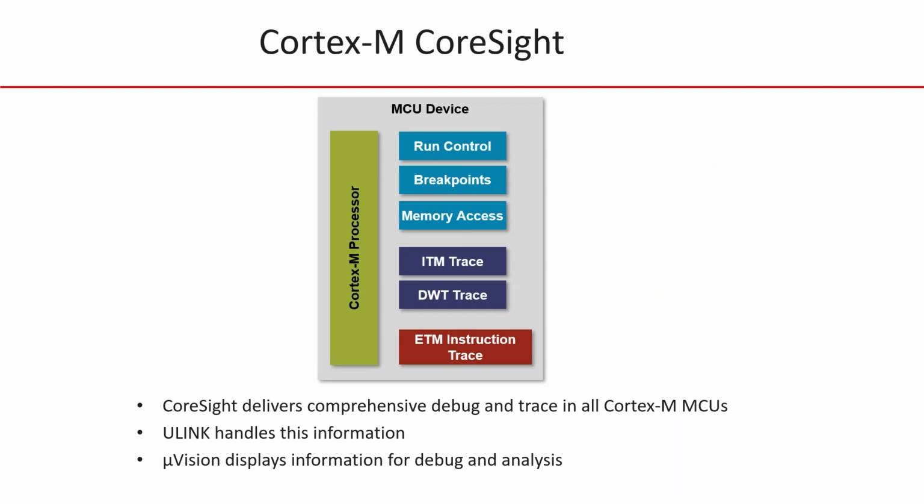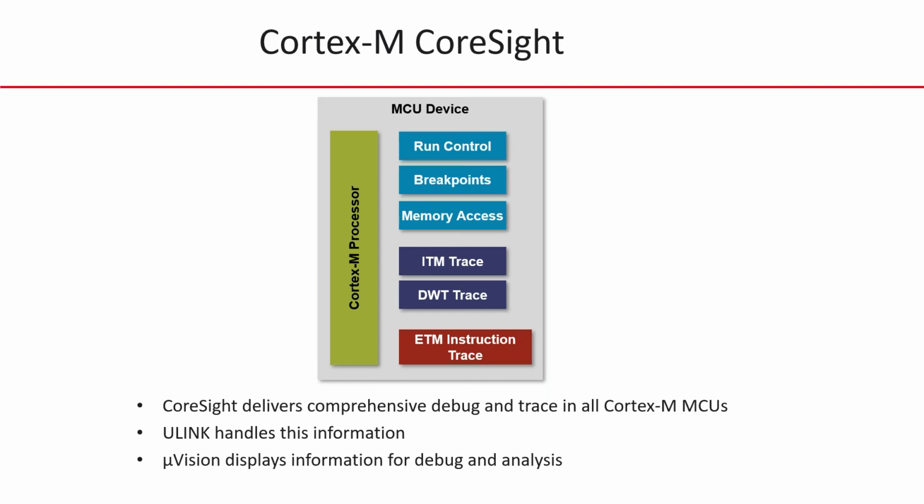So we have our Cortex-M microcontroller, and internally it has the CoreSight debug architecture. Now this is completely independent of the Cortex processor, so it has its own bus system and doesn't rely on the processor to carry out any debug features.